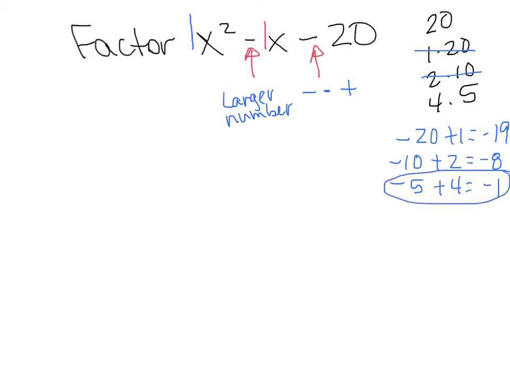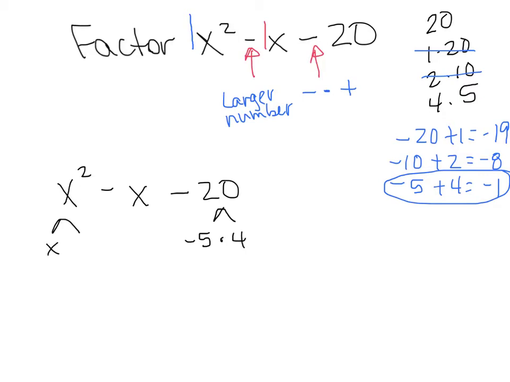So that is the combination of factors that we're going to use. So let's rewrite our problem. X squared minus x minus 20. Since the coefficient of the middle term is negative, our larger factor is going to be negative. So here we're going to have a negative 5 times 4.